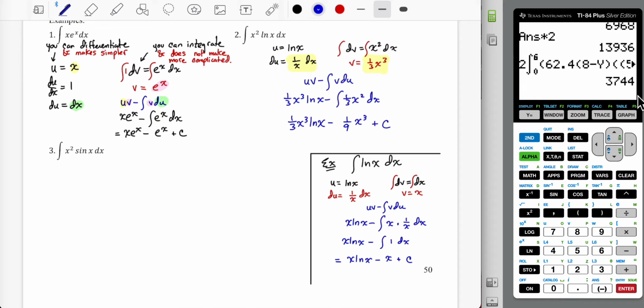All right. So then the last one, x squared sine of x, u dv. Well, if I differentiate, I can differentiate both the x squared and the sine of x. All right, if I differentiate a sine of x, it becomes cosine x. That's not simpler. If I differentiate an x squared, it becomes 2x.